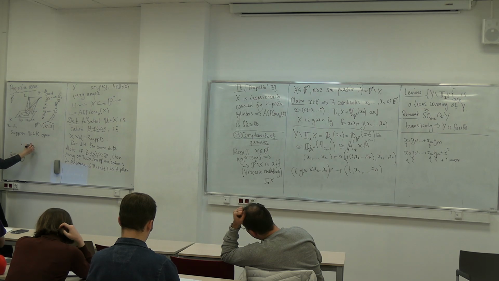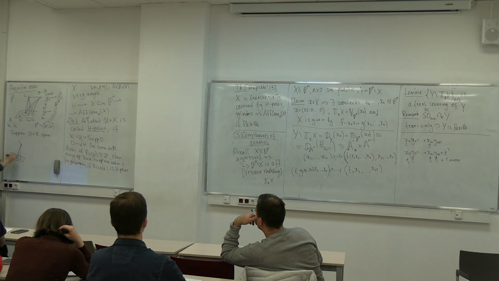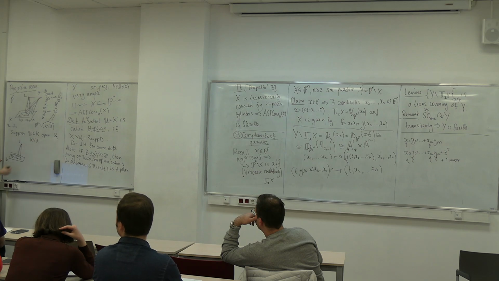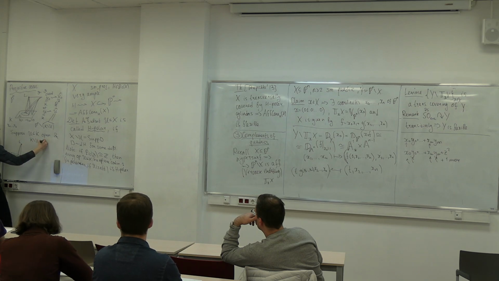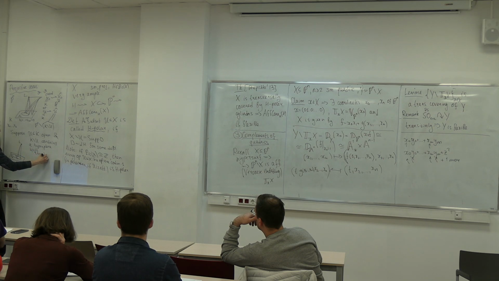So that's L, that's K, that's just all the lines. So here L is 0 dimensional. So suppose U in K is open and the complement contains a hyperplane, I mean the hyperplane inside of K, H given by H equals 0.